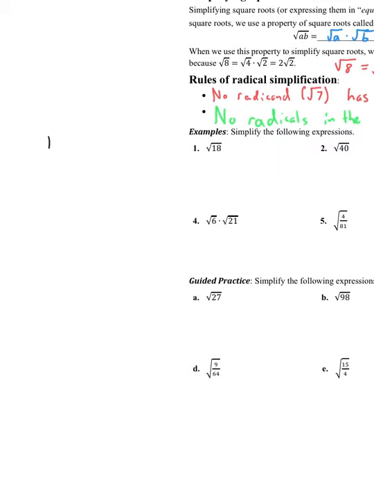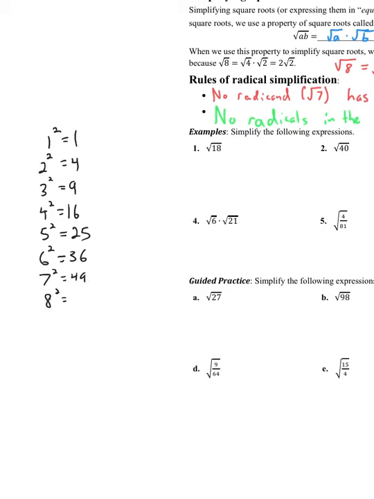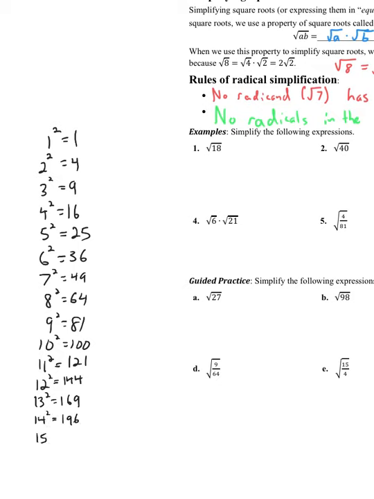So think about perfect squares. 1 squared is 1. 2 squared is 4, 3 squared is 9, 4 squared is 16, 5 squared is 25, 6 squared is 36, 7 squared is 49, 8 squared is 64, 9 squared is 81, 10 squared is 100, 11 squared is 121, 12 squared is 144, 13 squared is 169, 14 squared is 196, 15 squared is 225, and it just keeps going on forever.